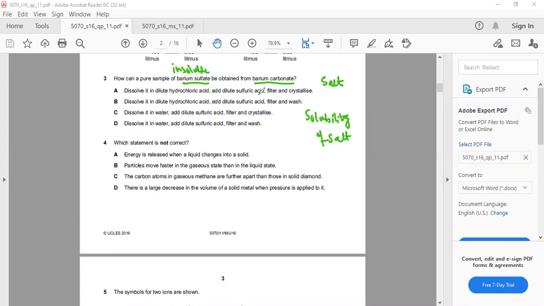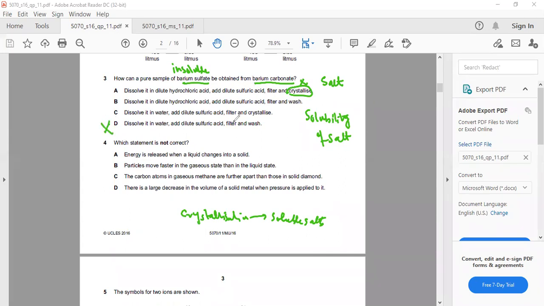Add dilute sulfuric acid, filter and crystallize. We don't crystallize insoluble salt. Write down: crystallization is for soluble salt. Dissolve in water, wrong.